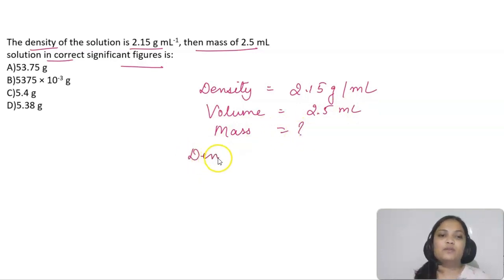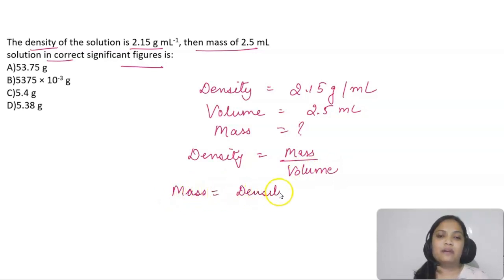As we know, students, density is what? Mass upon volume. So the mass would be, of course, density multiplied by volume, right? In this case, we need to multiply the density 2.15 with the volume 2.5.